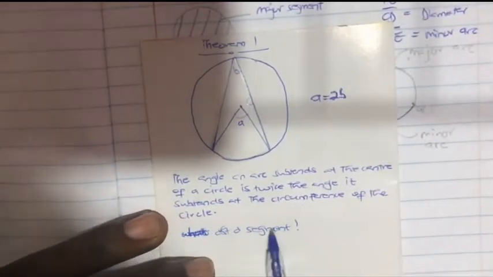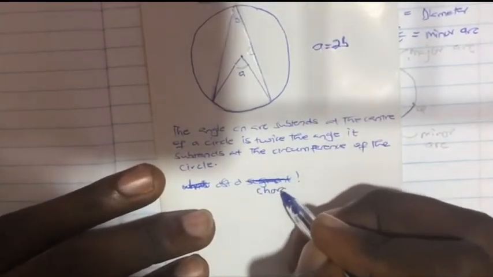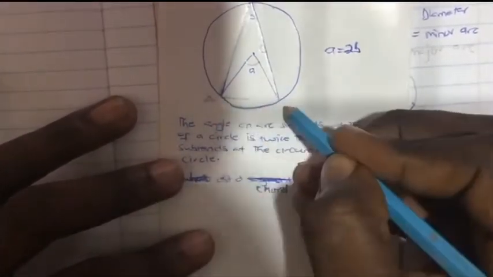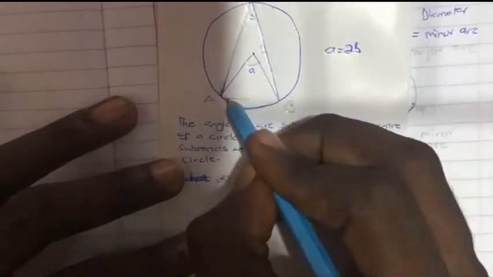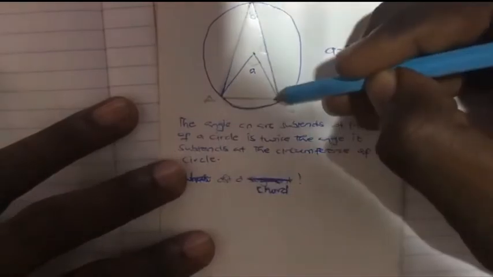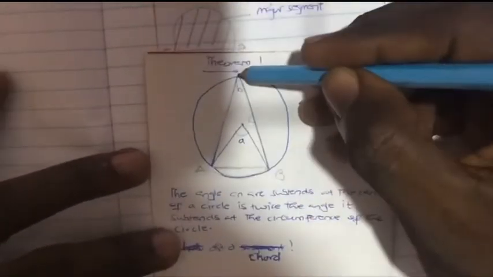So what about a chord? Let's say I put a chord here, from A to B. This chord subtends an angle at the center, and this same chord also subtends an angle at the circumference.